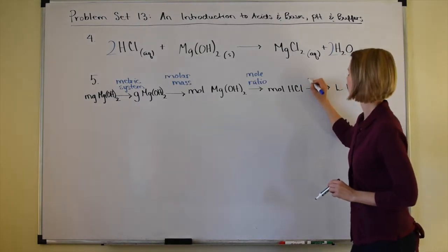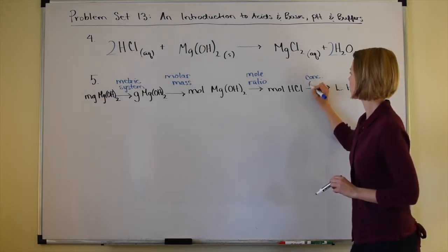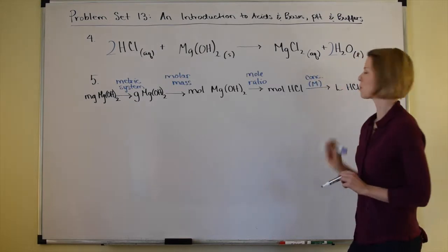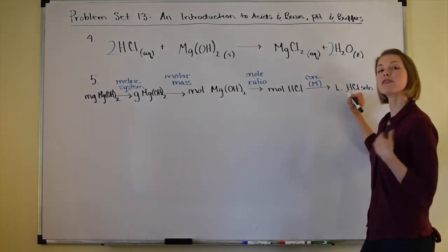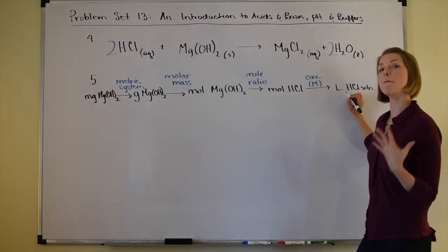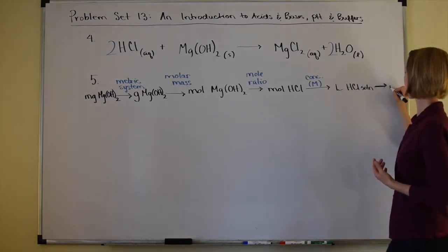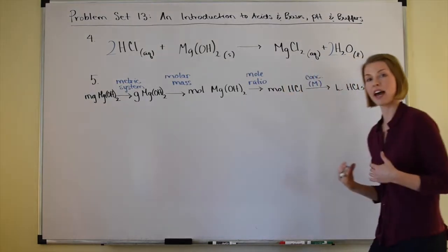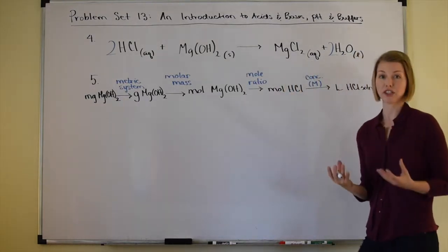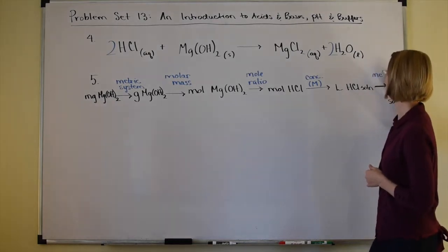So I'm going to write here, we're going to use the concentration, with a capital M for molarity. That concentration is given in the problem. And then we're asked to finally express our answer in milliliters. So we're going to convert the liters into milliliters of HCl solution. And yet again, that is just using the metric system, going from liters to milliliters.